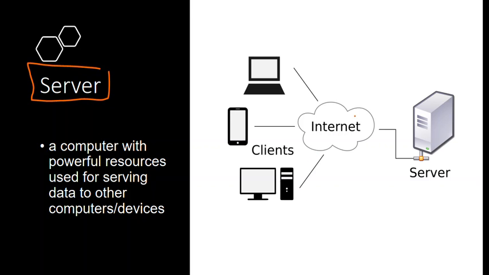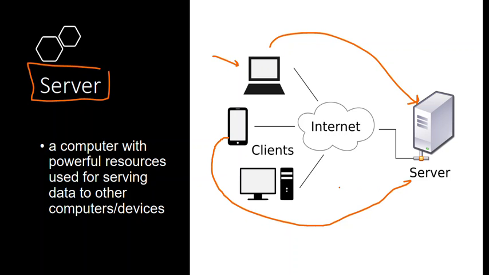Why? Because it's going to serve so many client computers with limited resources like the ones me and you have, right? So, for example, we have this computer here requesting data from this powerful computer called the server. The same thing for this client here, the same thing for this client here. Now, we have mentioned before that the devices are connected to each other through networks, right?